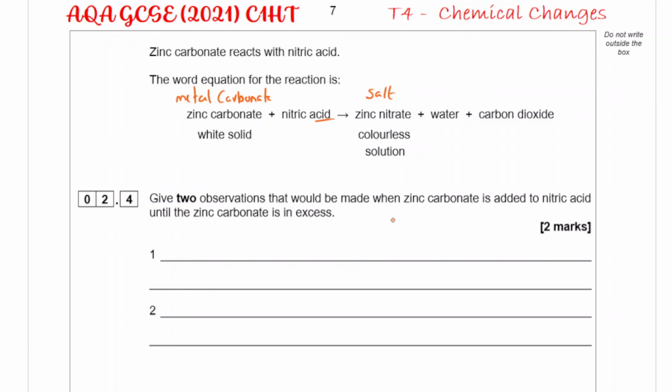Give two observations that would be made when zinc carbonate is added to nitric acid until the zinc carbonate is in excess. You could say the white solid disappears. You would see fizzing or effervescence because carbon dioxide is being produced.